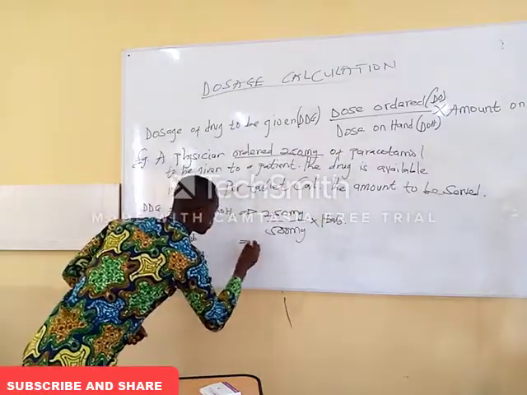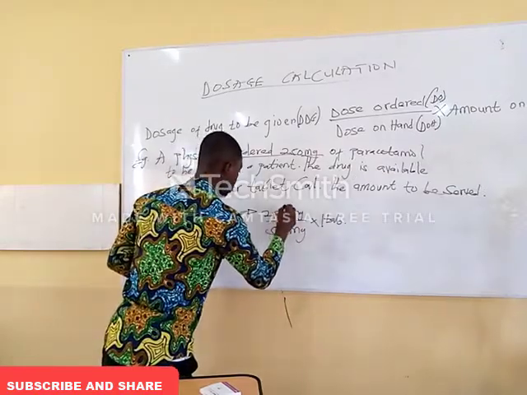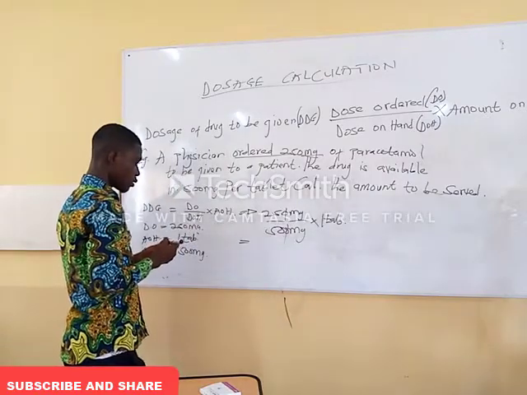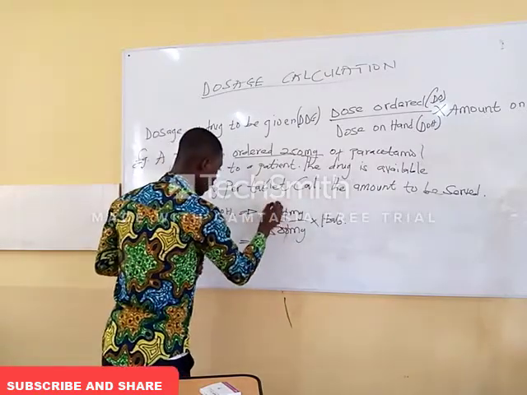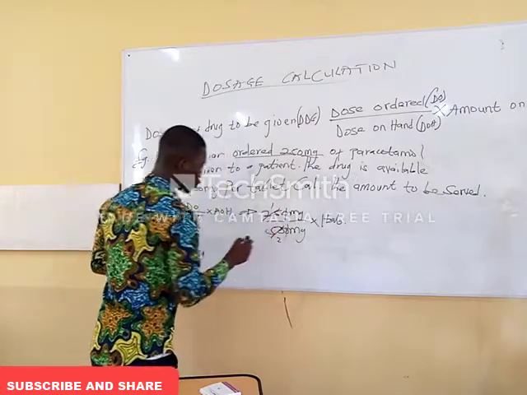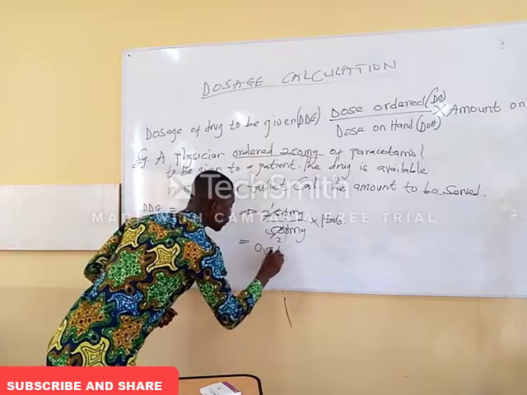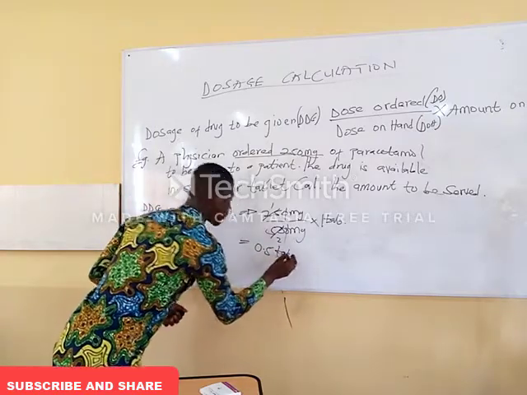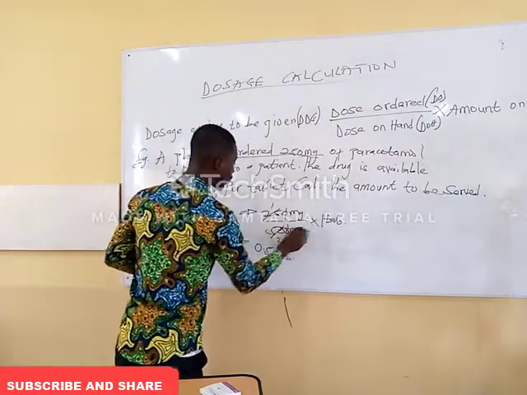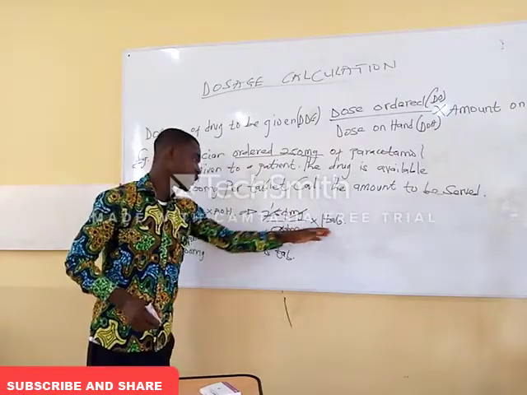So this will cancel this. 25 goes here 1 and goes here 2. So this one will be 0.5 tab. So this milligram will cancel itself. So the answer, it will be left with the tablets.